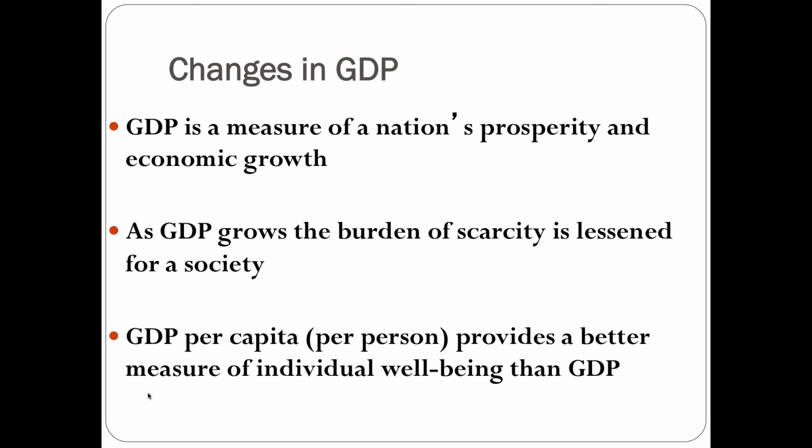The United States, for example, has a larger real gross domestic product, and if you're looking at GDP per capita, it's being divided by fewer people as well. So it's important to make that distinction between GDP per capita and just general gross domestic product.